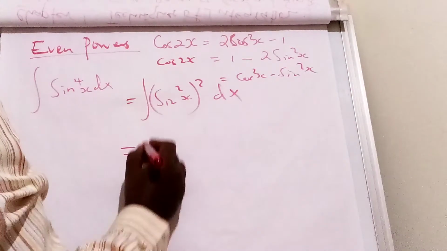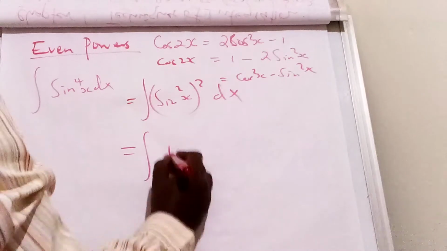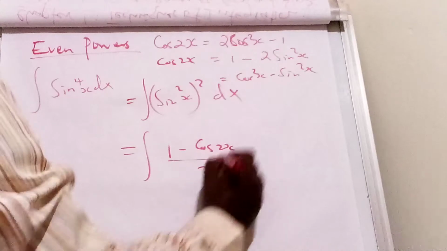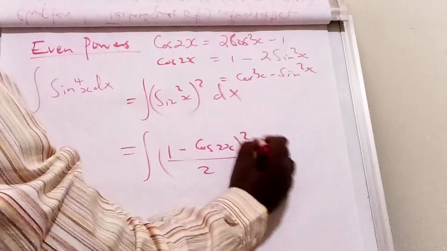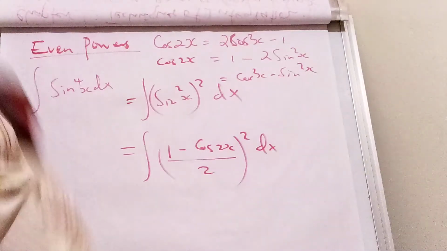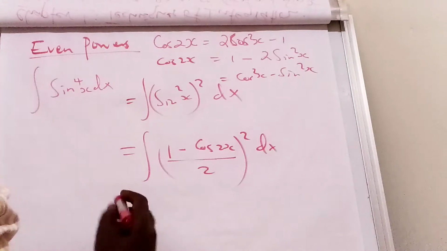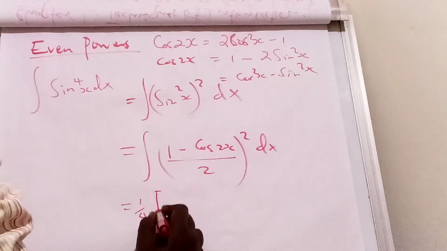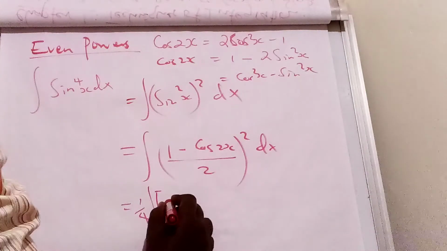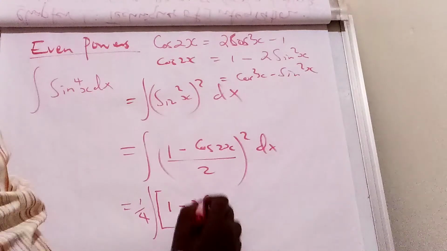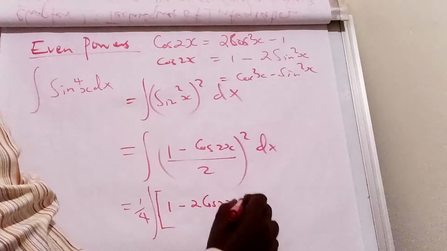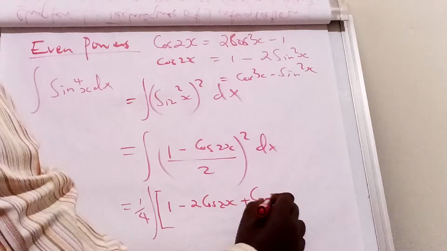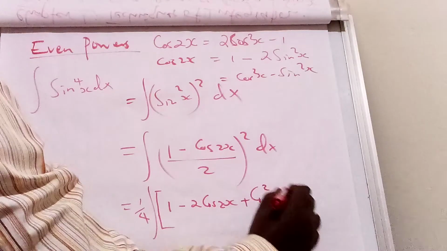You can try it: 1 minus cos 2x all over 2, squared. That should give you something very simple. You should have a quarter, and then you have 1 minus 2 cos 2x plus cos 2x squared.